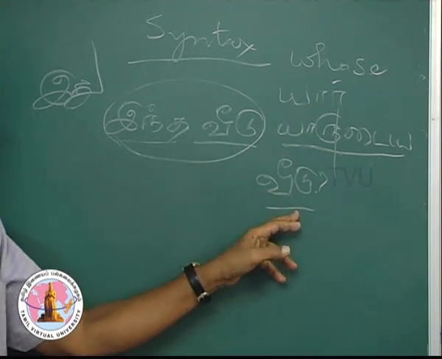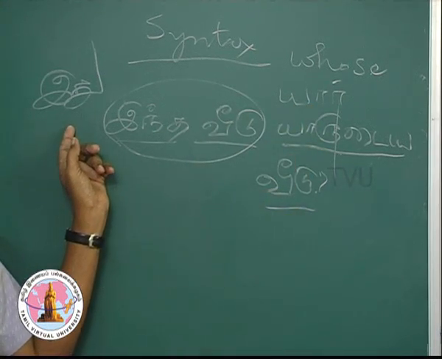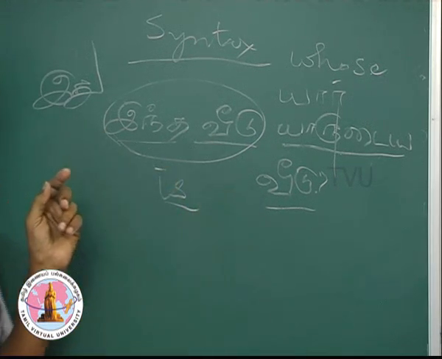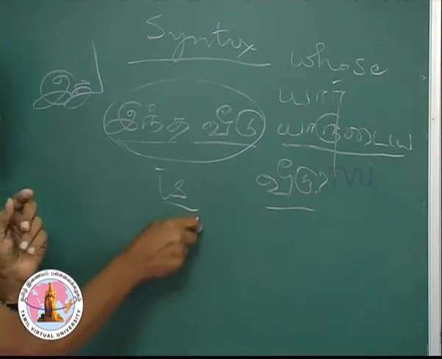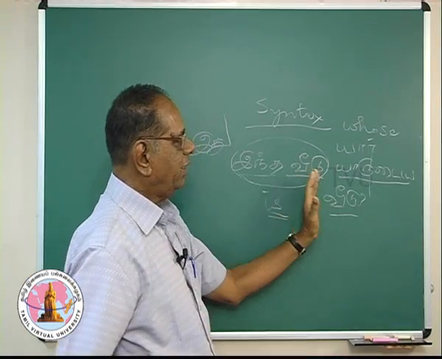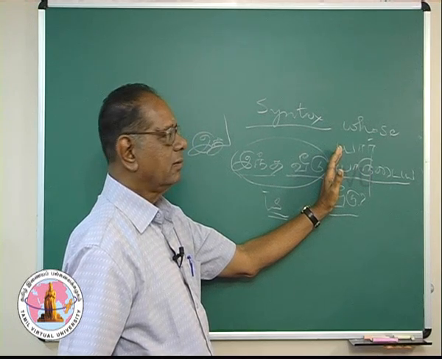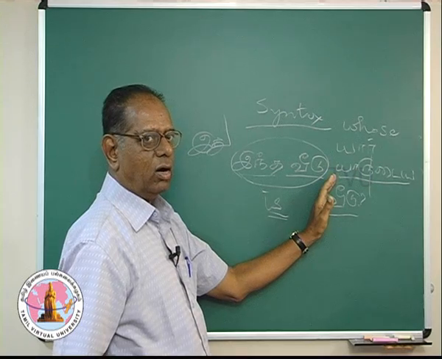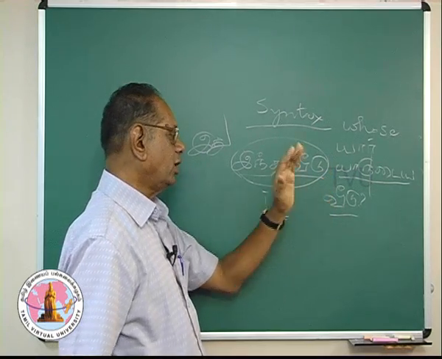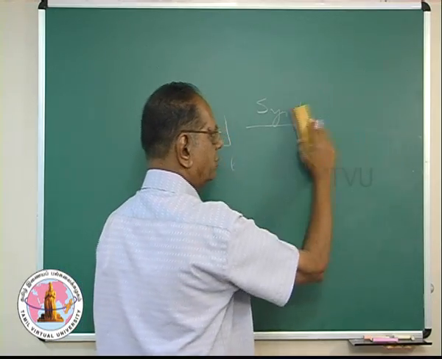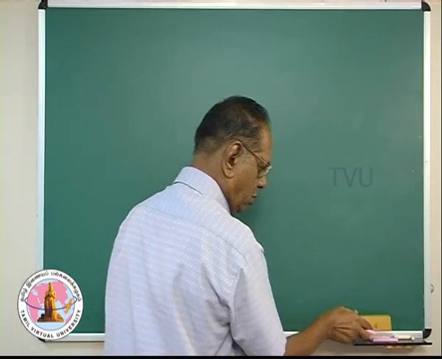Whose house is this? So, inevitably you have a verb there in English, and in Tamil the predicate can be a verb, a noun, or an interrogation. We will have a few more examples because it is a difficult topic.